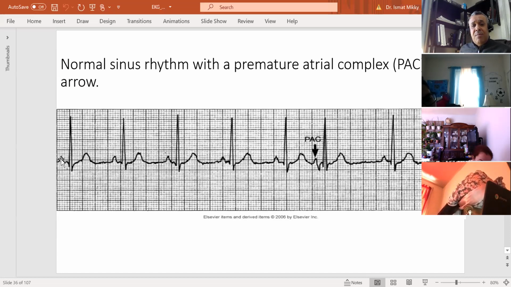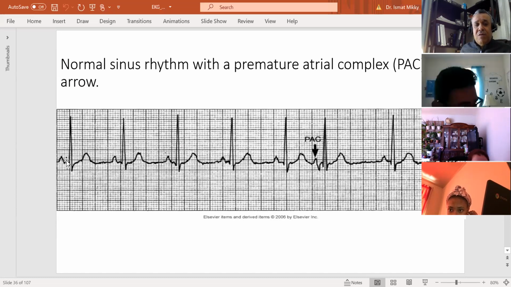When you analyze to find out if this is a PAC, one of the tips is to analyze the P wave to P wave, consistent in terms of the distance, how many large boxes, or count the small ones between P to P. So we have 1, 2, 3, about 4 large boxes from P wave to P wave.